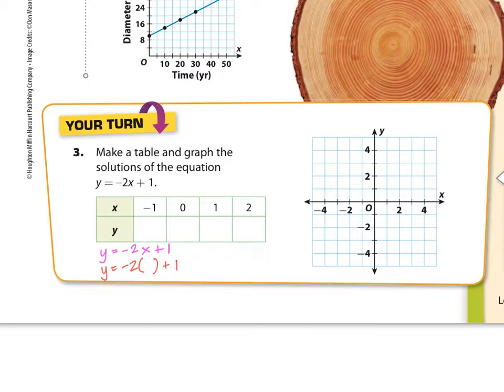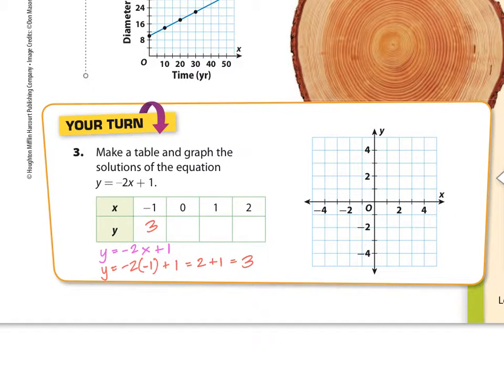All of this stuff right here is the inputs. So I want to put negative 1 there. So what's negative 2 times negative 1? That is positive 2. And 2 plus 1 that I have at the end is 3. So when I use negative 1 for x, I get 3 as my answer.